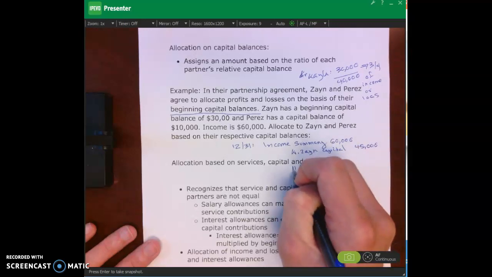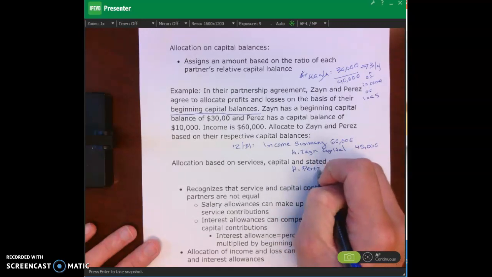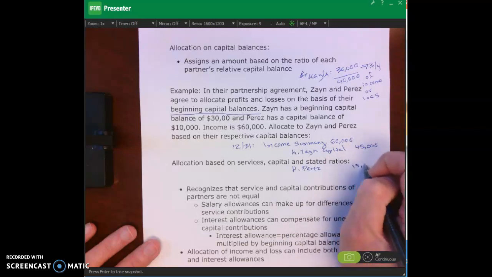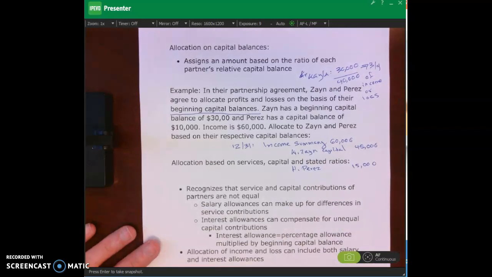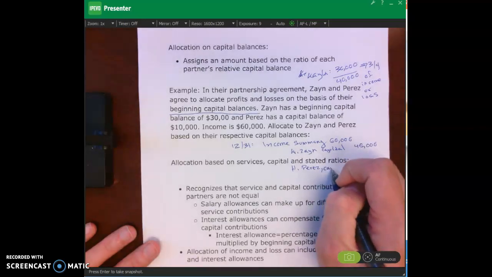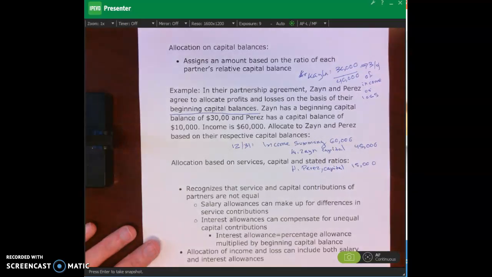And then I will credit Hector capital for 1/4, which is 15,000. The journal entry is the same. It's just debit income summary, credit capital. But the dollar amounts change based upon how they allocate it.